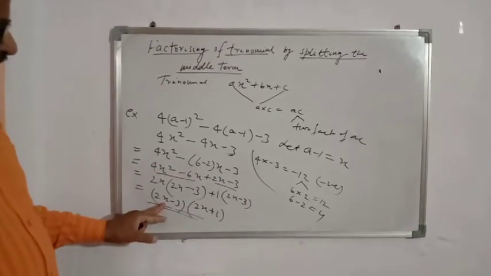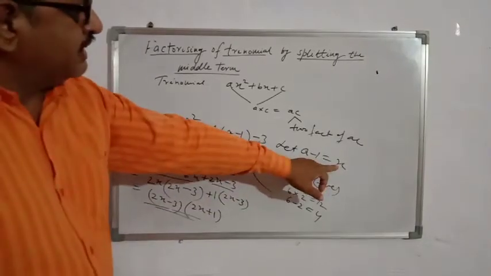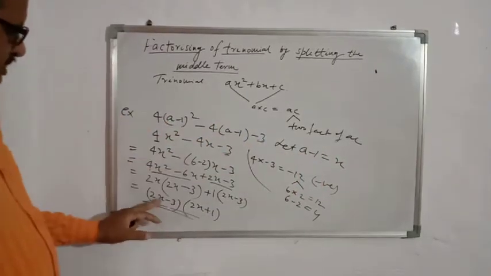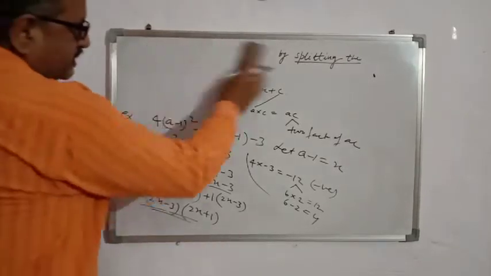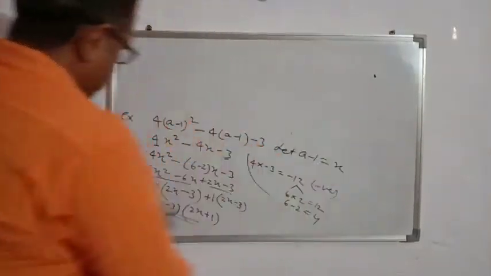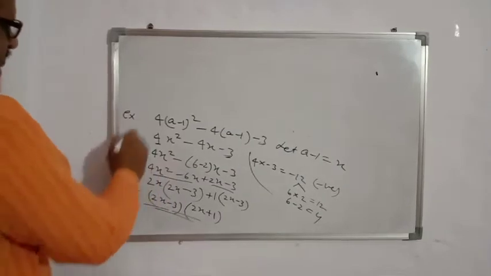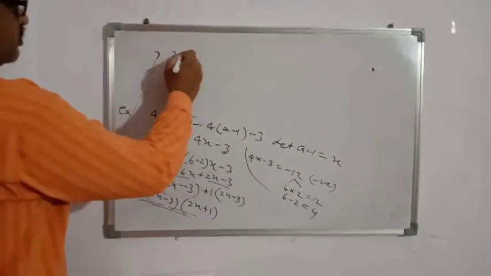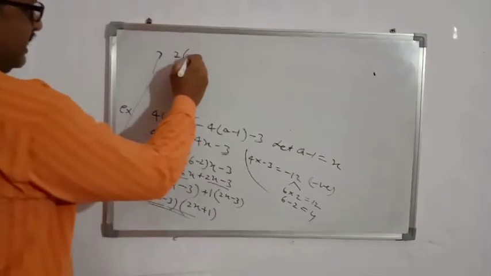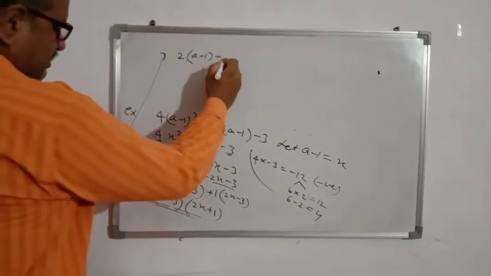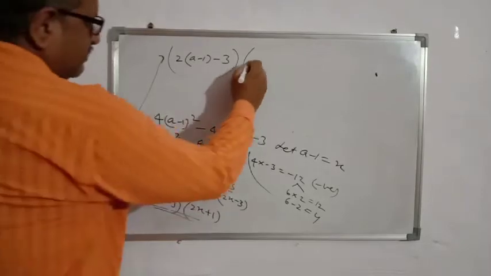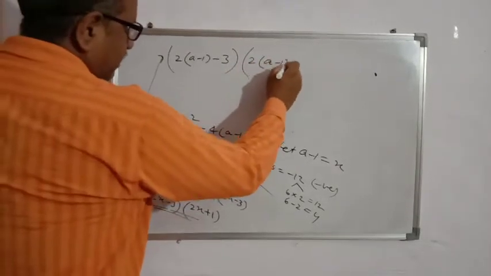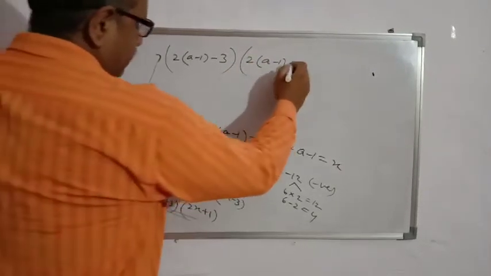Now we will put here the value of x. X is a minus 1. Here we will write in place of x, a minus 1. So 2 in place of x we will write a minus 1, minus 3. In the next bracket, 2x plus 1. So 2 into a minus 1 plus 1.